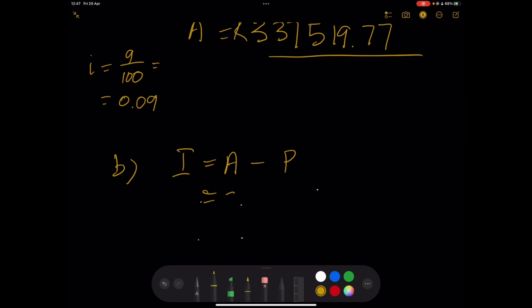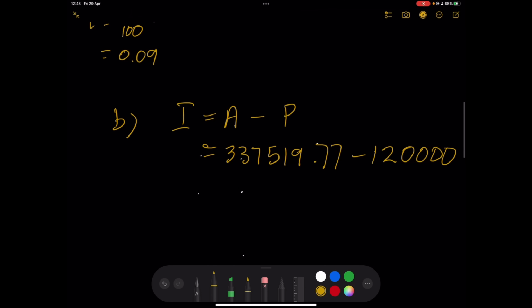So that would be 337,519.77 minus, and I'm going to subtract in this case, remember that our principal amount was 120,000 rands, right? So if I say minus 120,000, I get an amount of, it's a very good amount, very good interest that you would have earned over that period.